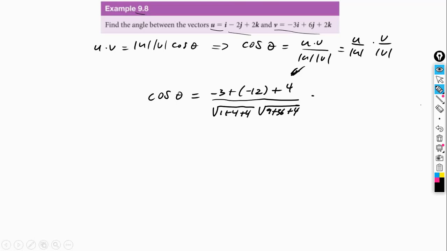And then from here, we're going to get minus 11 over 21. So that means that the angle theta is going to equal the inverse cosine of this. And this is approximately 2.12 radians.